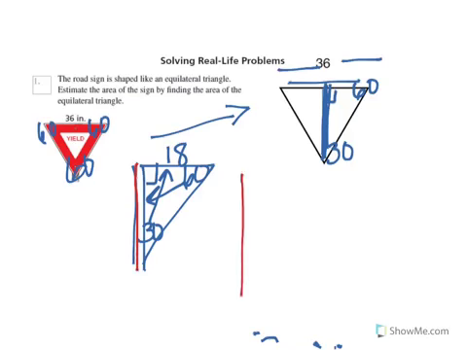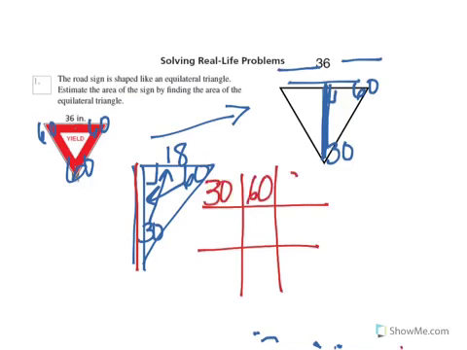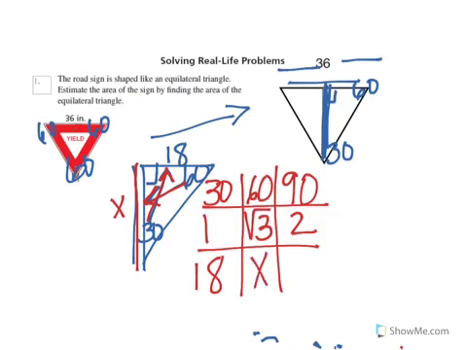So using my tic-tac-toe board, I have 30, 60, 90. 1, 2, square root of 3. Okay, I know the one directly across from my 30-degree angle over there is 18. And we know that we need to know this side that is directly across from my 60-degree.